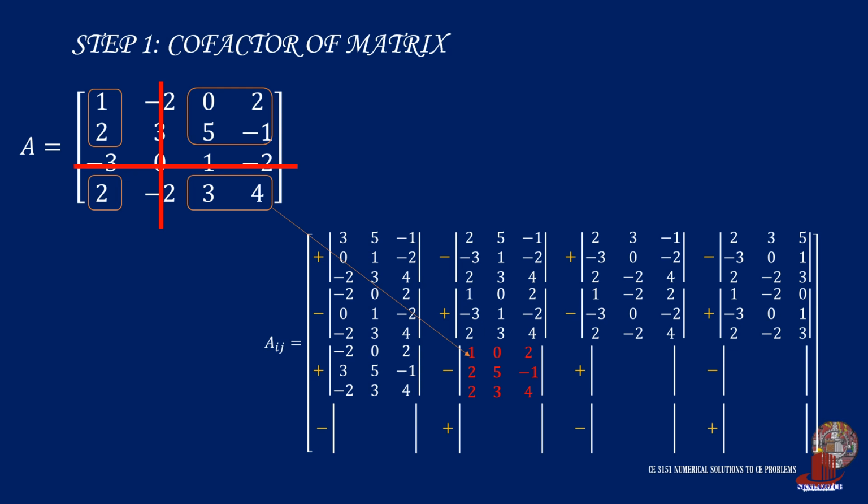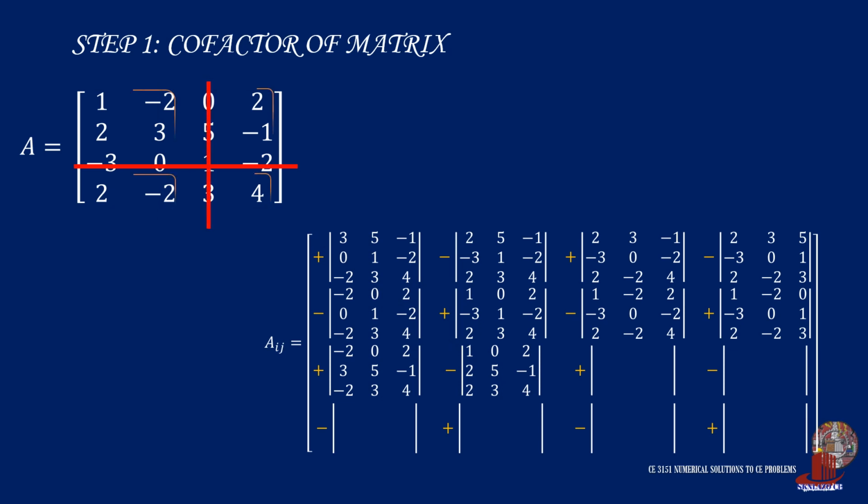All elements are placed in element 3, 2. Third row, third column element A33 has the elements 1, -2, 2, then 2, 3, and negative 1, and 2, negative 2, and 4.